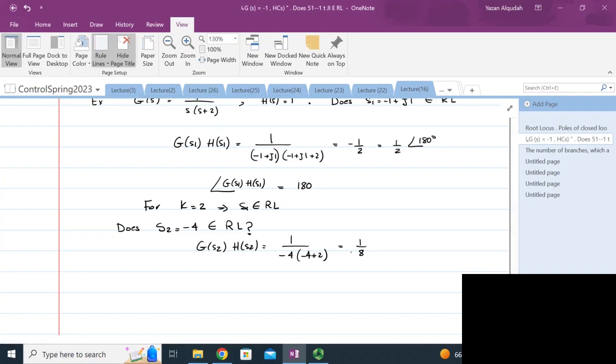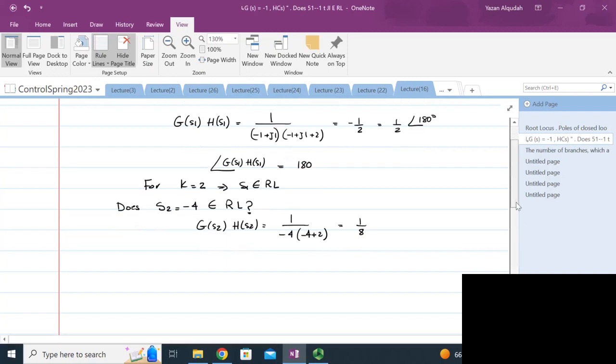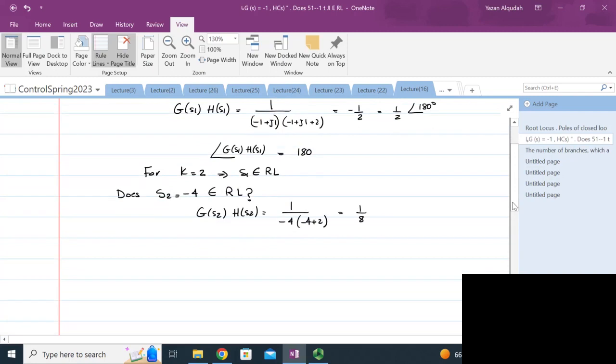What is the value of k that will make g of S2 multiplied by h of S2 equal to 1? 8. So we can meet the magnitude criteria, but does this meet the angle criteria? No, it does not. The angle of g of S2 multiplied by h of S2 is not equal to 180 degrees, and therefore there is no k that will make S2 belong to the root locus.